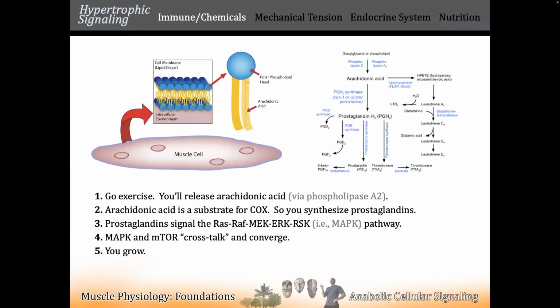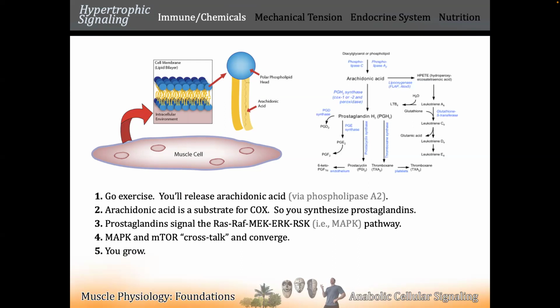So arachidonic acid gets converted to prostaglandins through cyclooxygenase, or COX. In the last block, we talked about nociceptors, pain fibers, and the role of prostaglandins in signaling delayed onset muscle soreness. There are other things involved too, but prostaglandins are the major contributor.